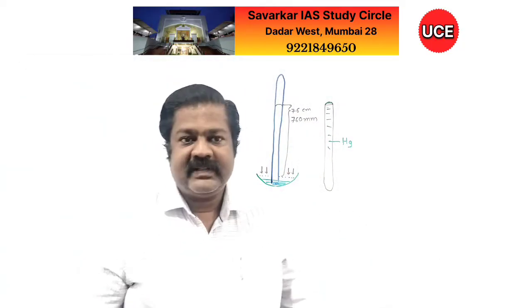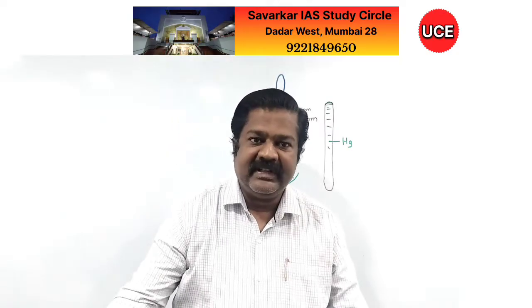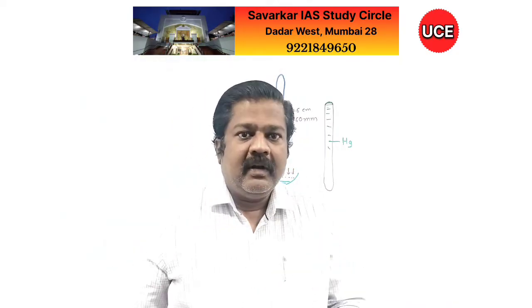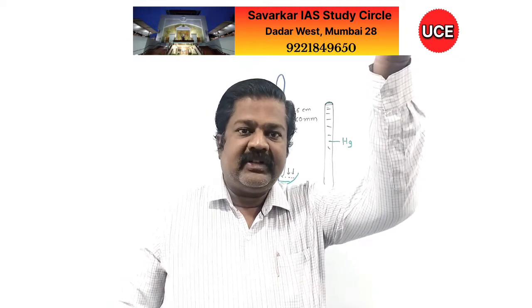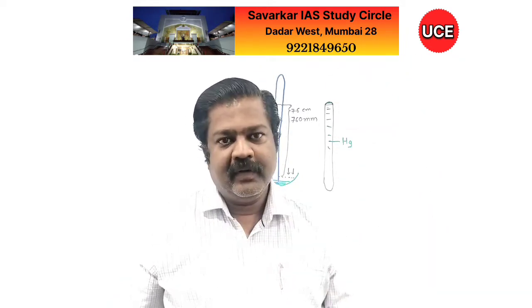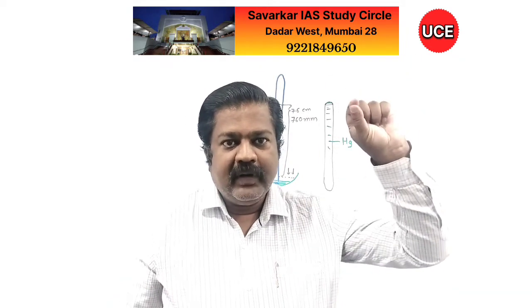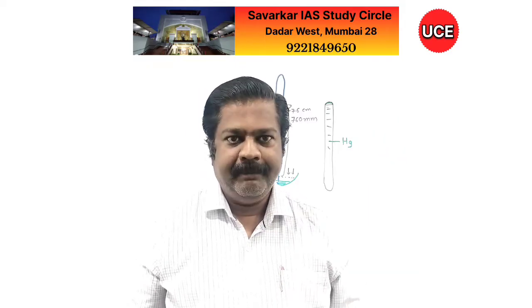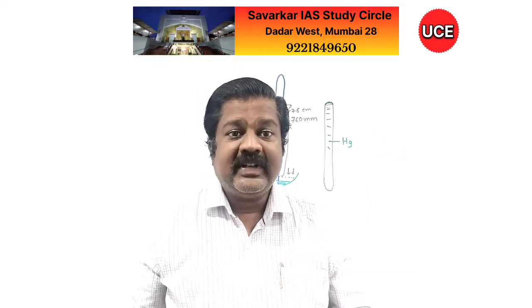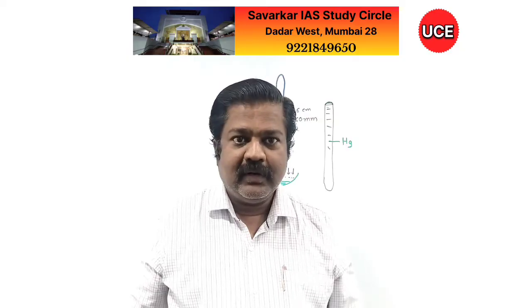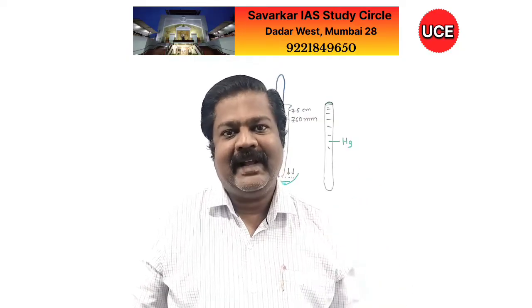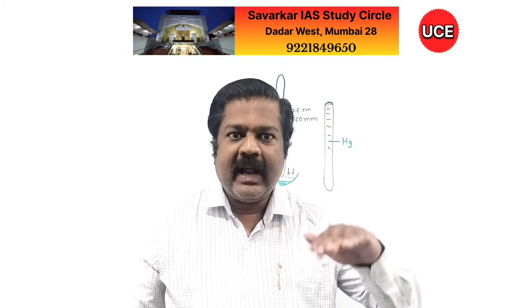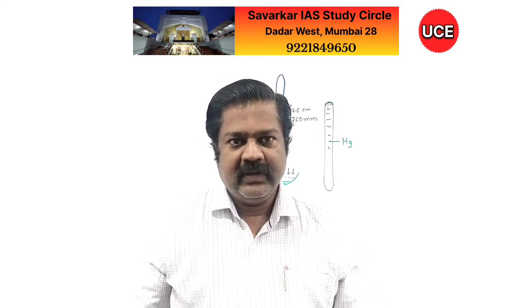Suppose I am at sea level, it should be 760 mm of mercury. But when I go 160 meter higher, the level of mercury will fall by 1 mm. Suppose I am going 1600 meter altitude, the level of mercury will fall by 10 millimeter. So like that, atmospheric pressure will decrease.